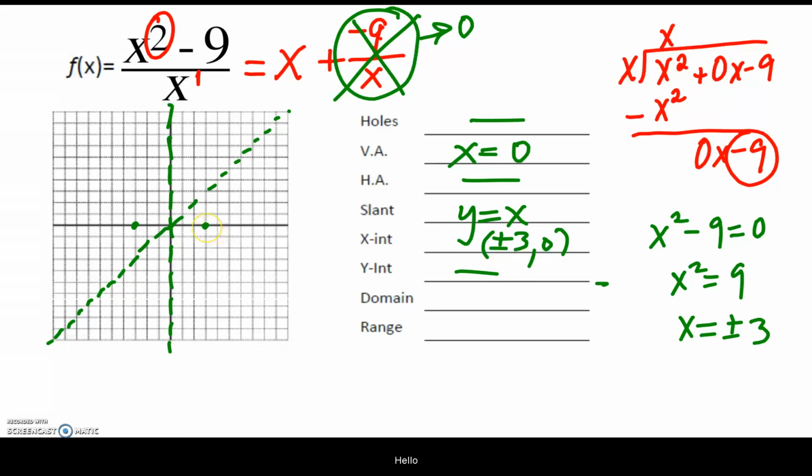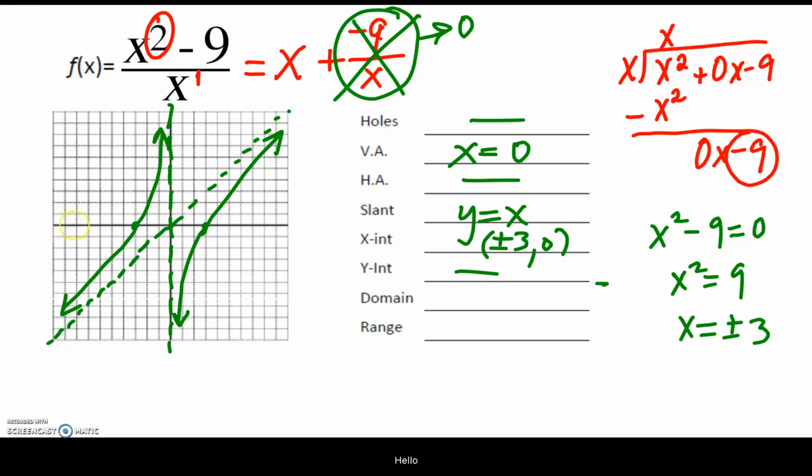You know that the graph is never going to cross this y-axis because there is a vertical asymptote there. So it's going to approach the y-axis this way. And the end behavior, we saw that for bigger and bigger values of x, it's just going to approach this y equals x. So it's going to come out like this. Same thing over here on the left, and your graph looks something like that.